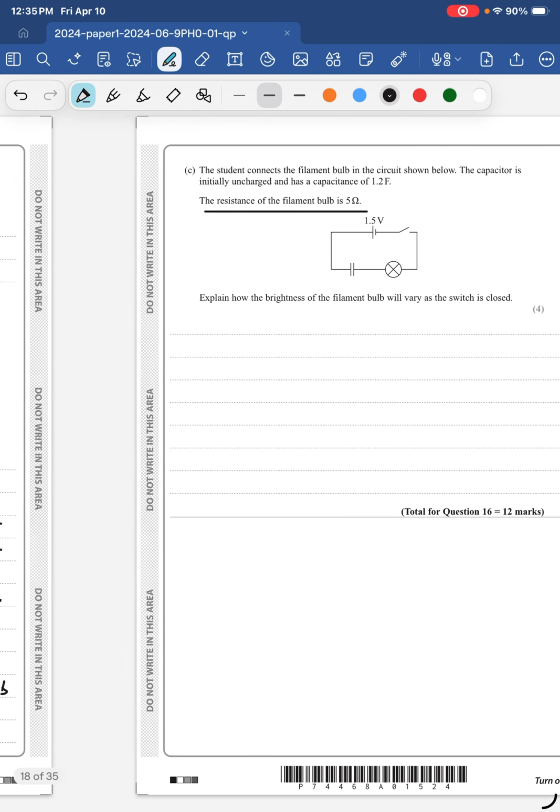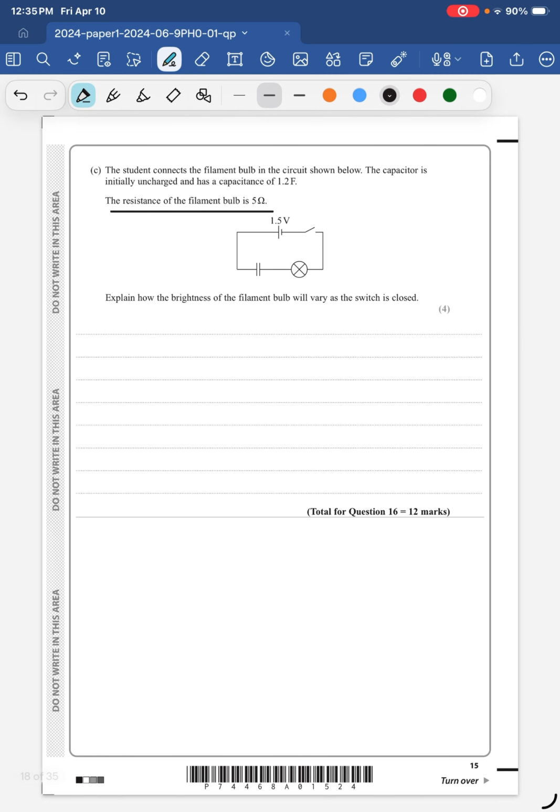But anyway, I'm trying to say that sometimes you can read the second or third part of a question, and that will help you or guide you towards answering the first part in case you have trouble with it. I think this is useful with many problems. So anyway, let's read the question. Explain how the brightness of the filament bulb will vary as the switch is closed.